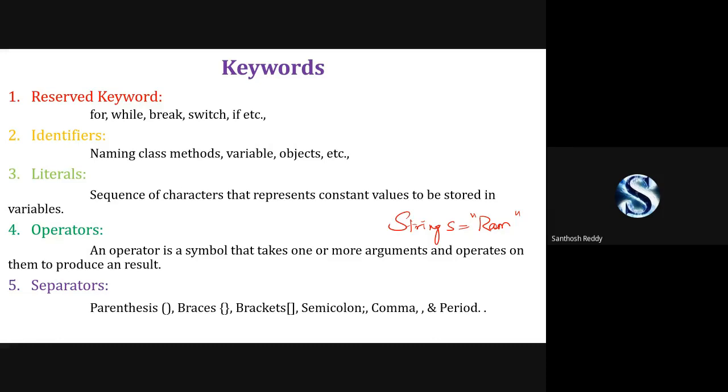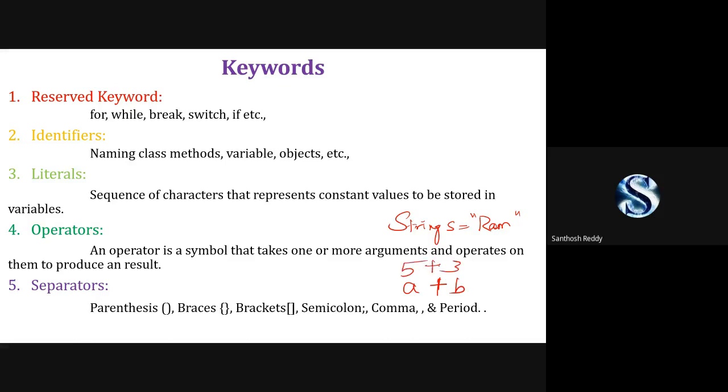Next, operators. Operators are special symbols that take one or more arguments and operate on them. For example, the plus operator. To perform this plus operator, we need some operands like A, B, or 5, 3.